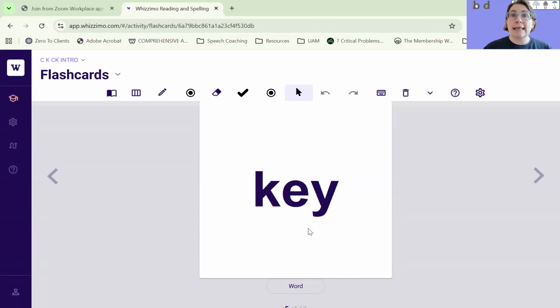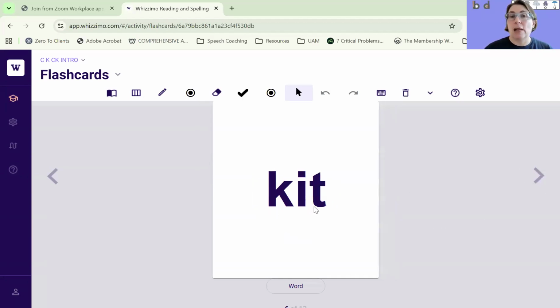This word is key, like what you use to open up your door. And you can see here, it starts with the letter K. So when you hear this sound at the beginning of a word, and the next letter is the vowel E, use the letter K. This word is kit, like you might build a model from a kit.